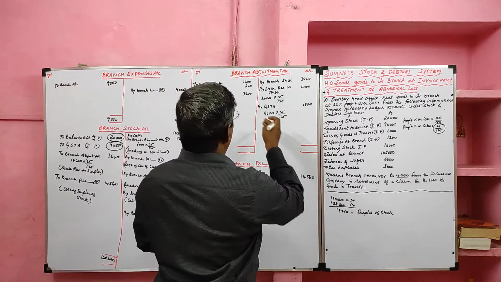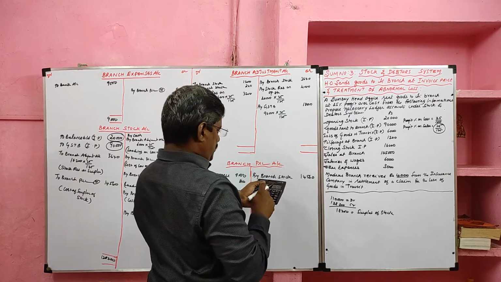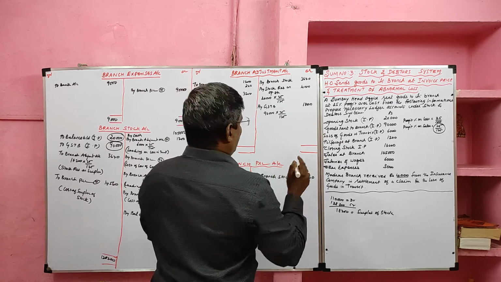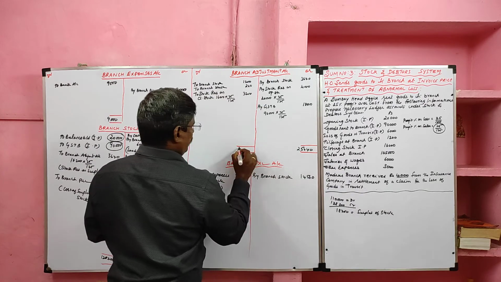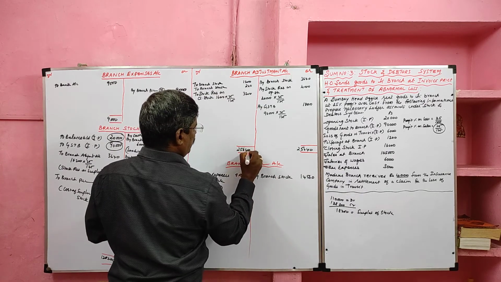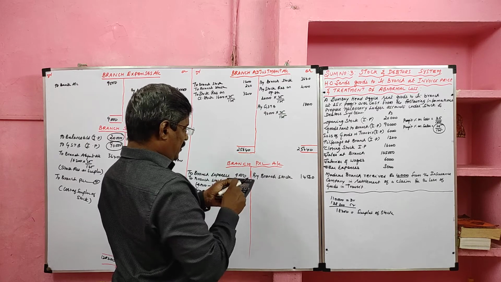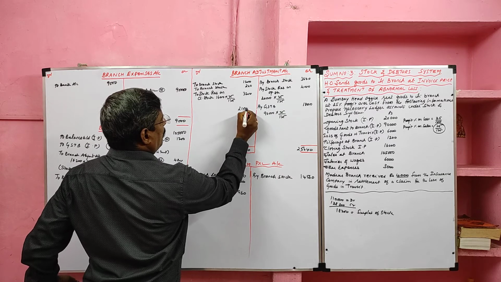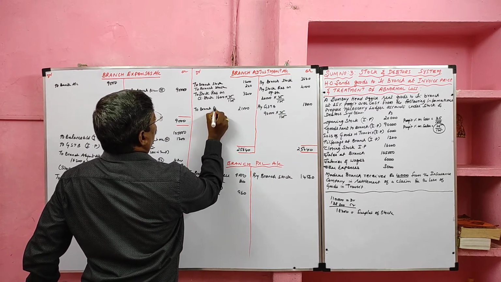Then we'll balance the branch adjustment account. Here the credit side total is heavier than the debit side total. First we'll total the credit side: 3,640 plus 4,000 plus 18,000. Credit side total 25,640. 25,640 minus 1,200 minus 240 minus 3,200 gives 21,000, to be transferred to the branch profit and loss account.